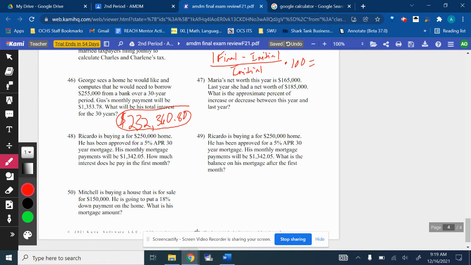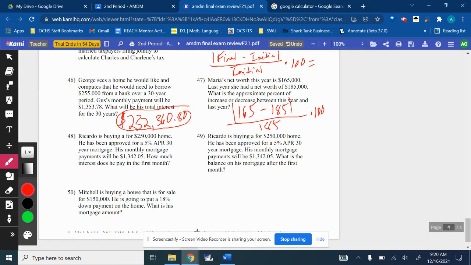You might have different words in your notes, but take where you ended up. We ended up at 165,000 minus 185,000, which is where we started. We're going to take the absolute value, which just means make it positive, and divide it by where we started, so 185,000. Then we're going to multiply it times 100.